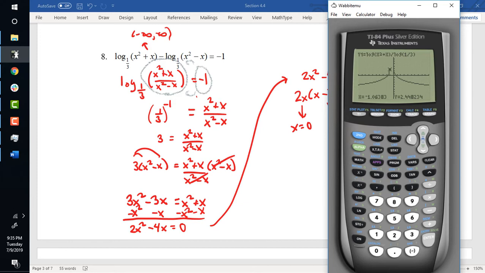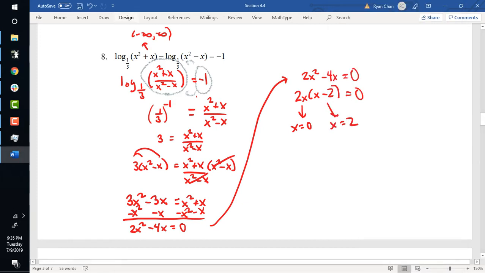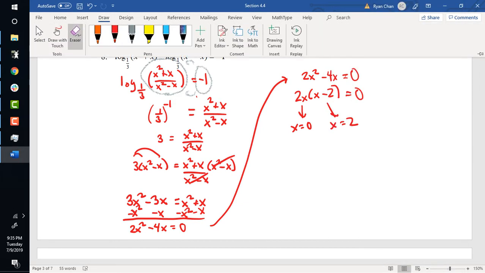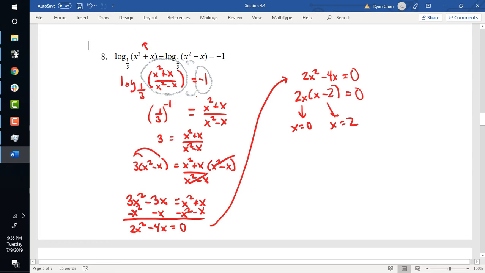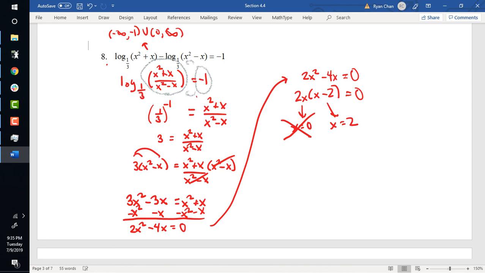Let me redo this. My domain for this one is negative infinity to negative 1, union 0 to infinity. So unfortunately for us, 0 doesn't work.